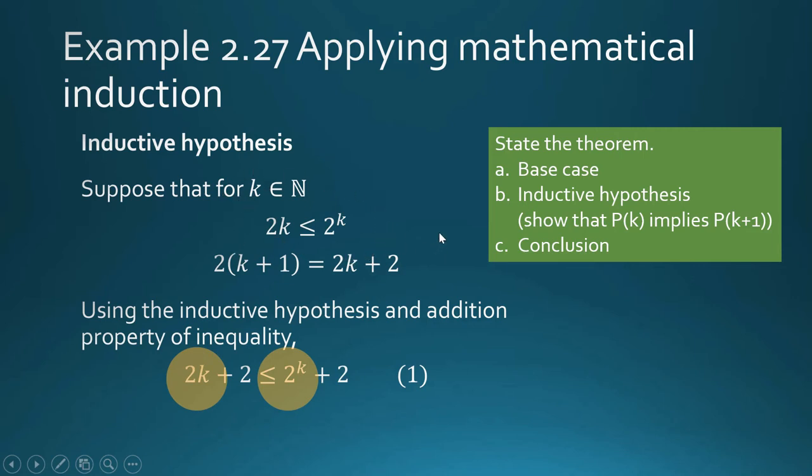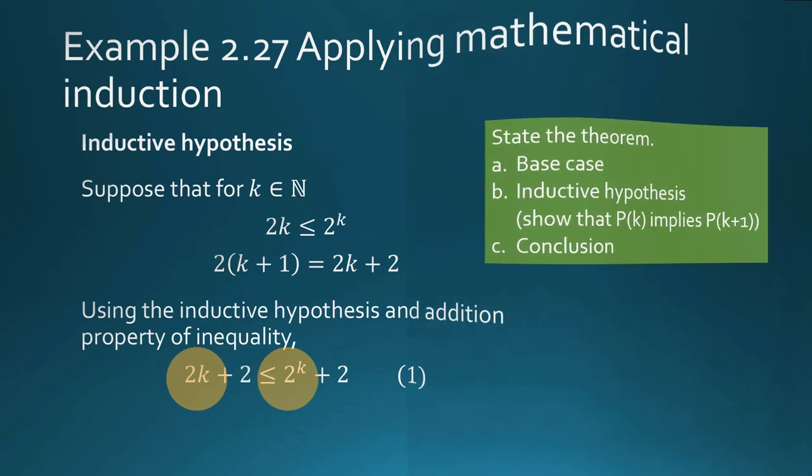This is our temporary assumption. And so we are right to make the claim that 2k is less than or equal to 2 raised to k. Now, using the addition property of equality, we are adding 2 to both of those terms. Then, this inequality is true. 2k plus 2 is less than or equal to 2 raised to k plus 2.